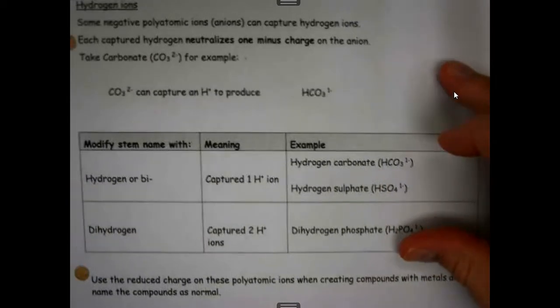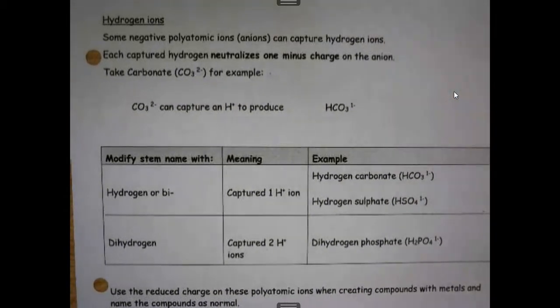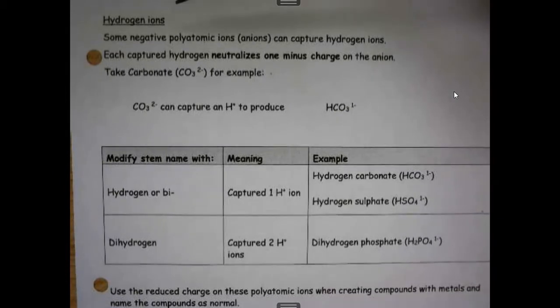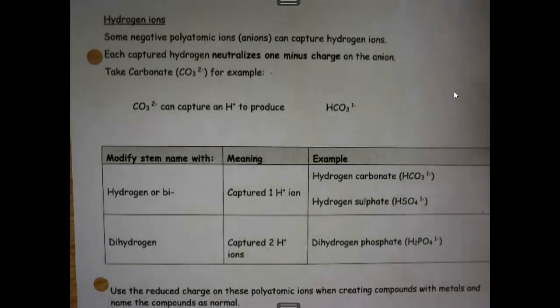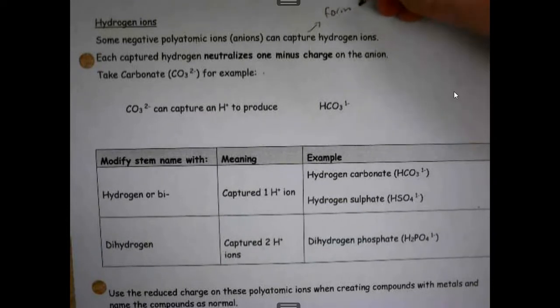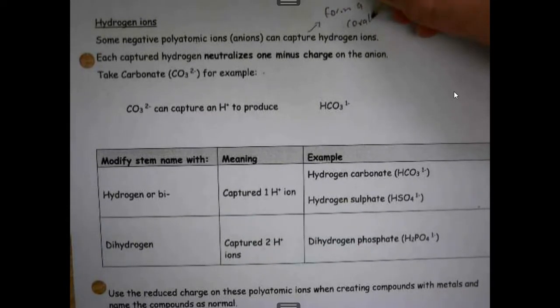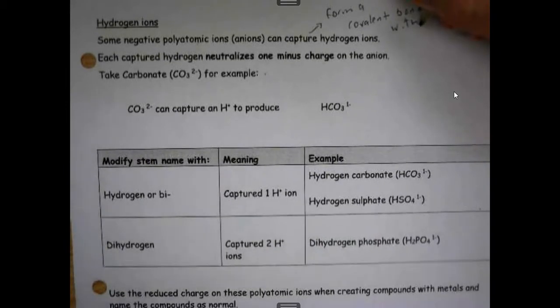Okay, one last thing we're going to do before we end this off is we're also going to talk about the influence that hydrogen ions have on some of these polyatomics. So some of the negative ones, the -ates for the most part, the ones that vary in oxygens, they have a certain capacity to capture hydrogen ions. And when I use the word capture, really what it means is form a covalent bond with hydrogen.